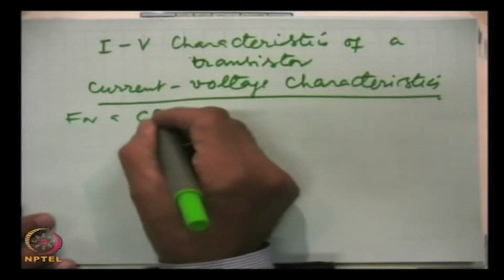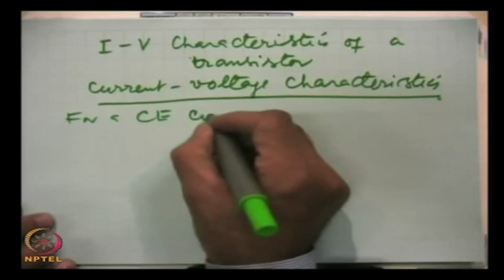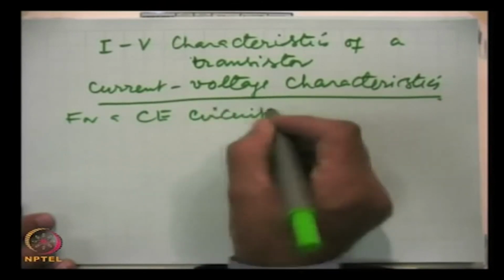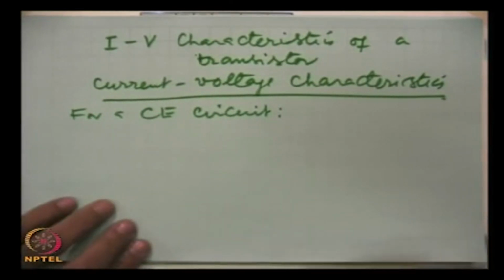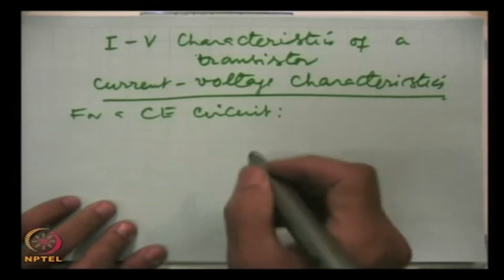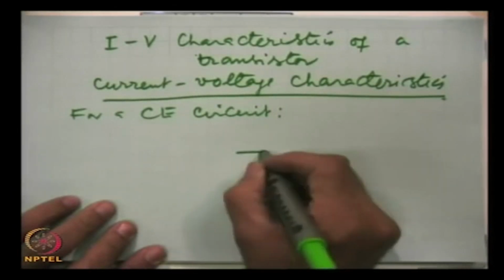So, it is good enough if we talk about the IV characteristics in a common emitter circuit. So, for a CE circuit, in the laboratory this can simply be done. We can draw these characteristics, and here is a simple circuit.